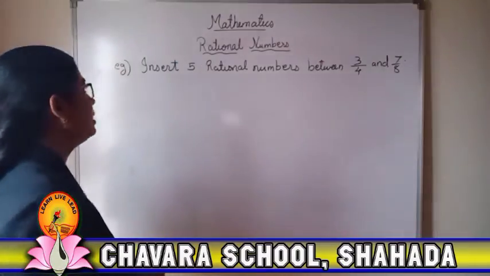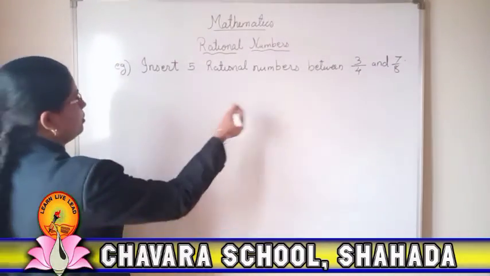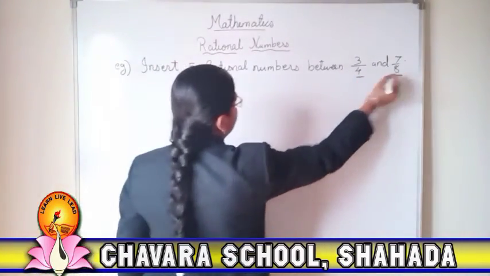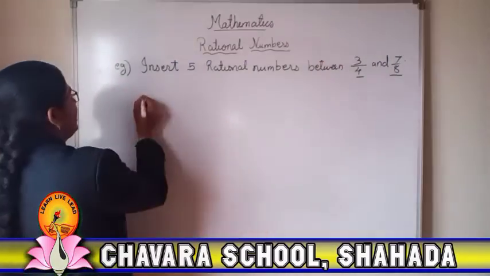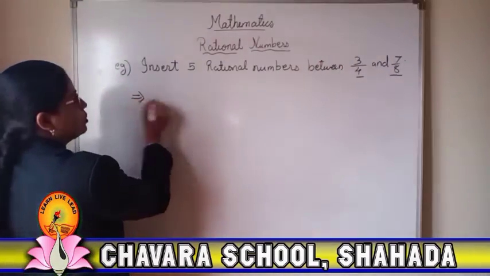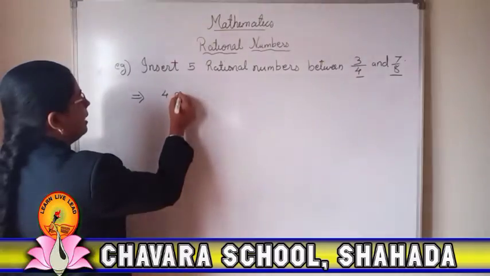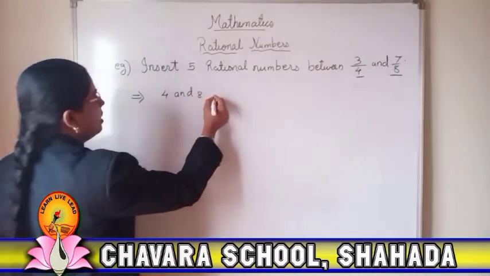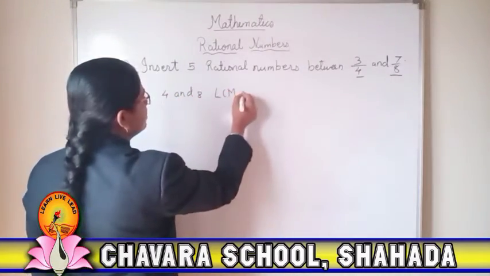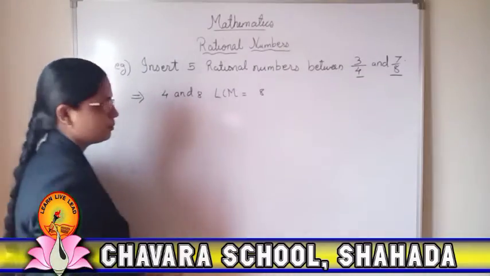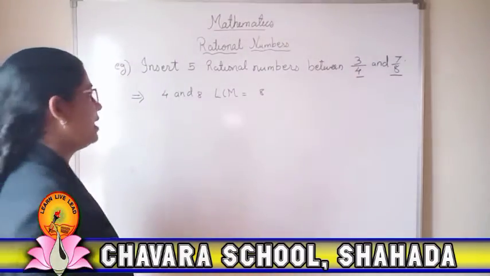First you have to observe the numbers which are given. You have to find the LCM of the denominators. 4 and 8, the LCM is 8.